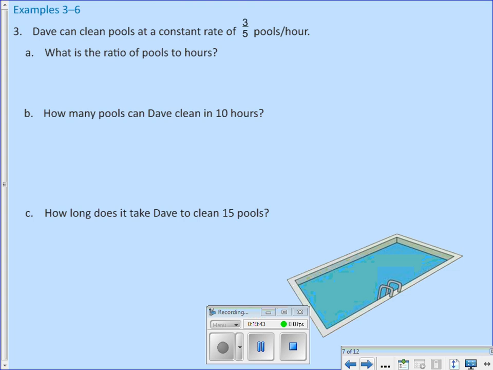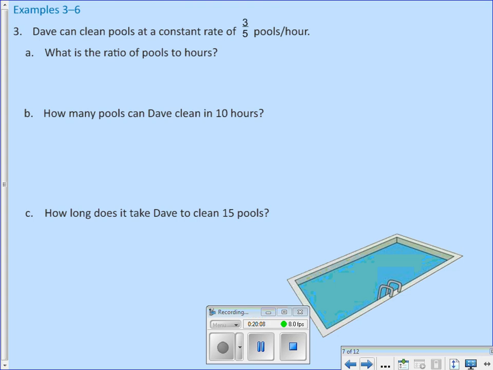Let's apply this. Let's see how using the unit rate can help us with other equivalent ratios. So Dave can clean pools at a constant rate of 3/5 pools per hour. Wait, what? Fractions? What does that mean? Before we can go on, we have to figure out, what does that mean? What does 3/5 pools per hour mean?